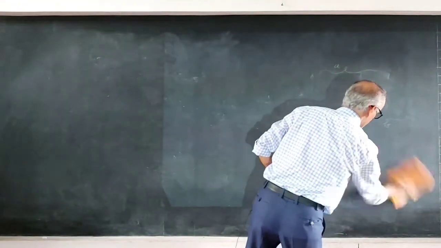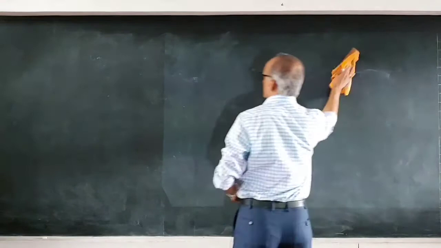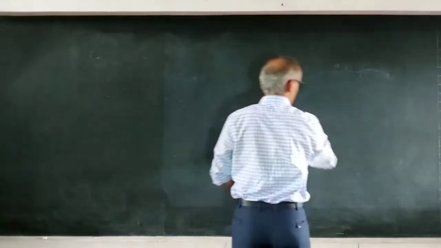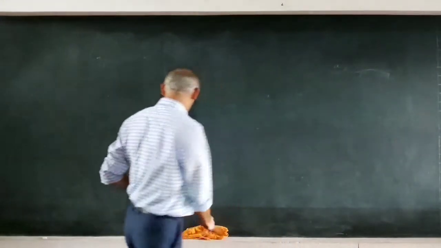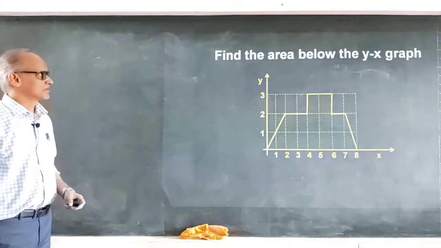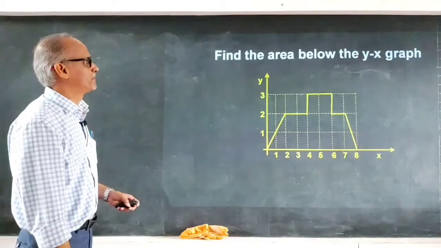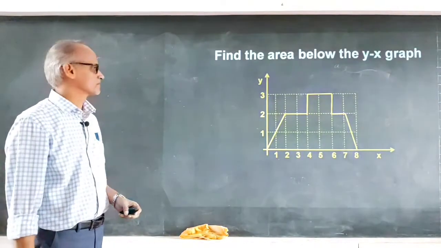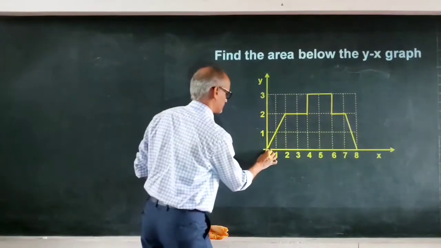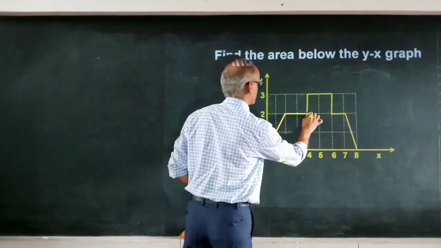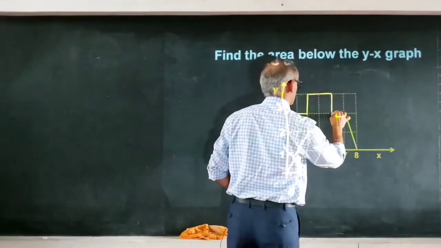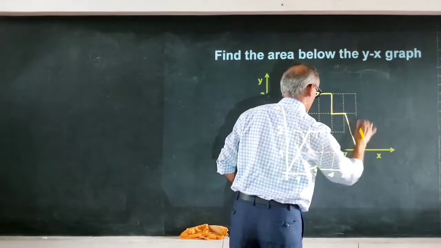Okay? Right. Next, let's solve one example to understand how we can apply these formulas to the various structures. So the question is this: find the area below the y-axis graph. So that is a graph given.